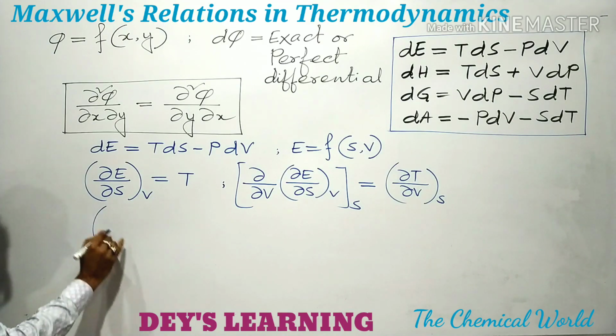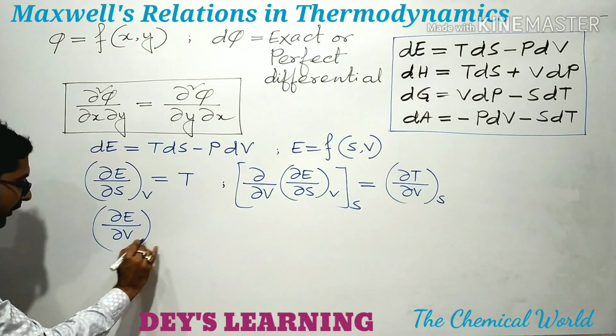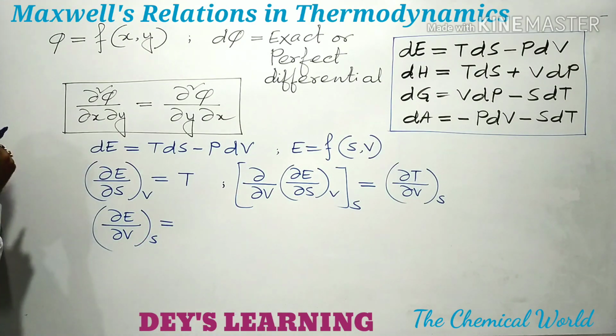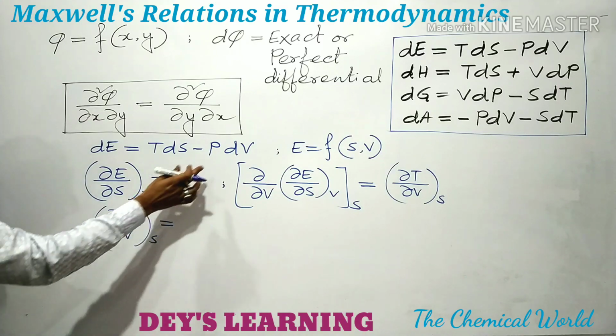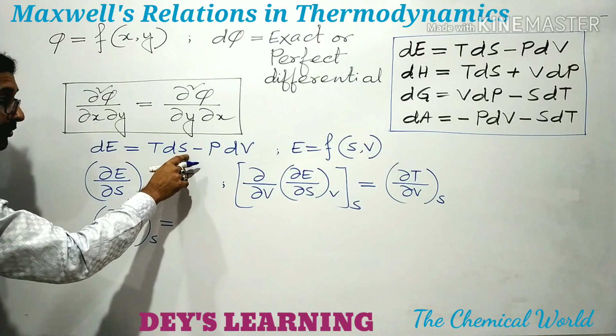Again, we first differentiate del E del V at constant S. When S is constant, dS equal to 0.